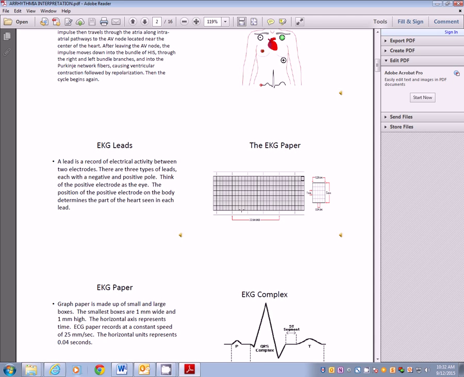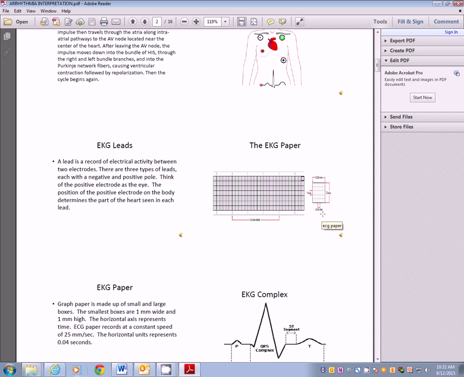So when you think about time being measured in seconds, each square is 1 millimeter in length and represents 0.04 seconds. So that's right here. Each square is 1 millimeter, and each one represents 0.04 seconds, each little square. This is something you're going to need to memorize.